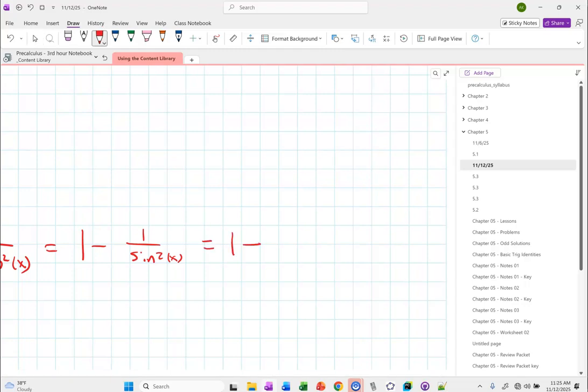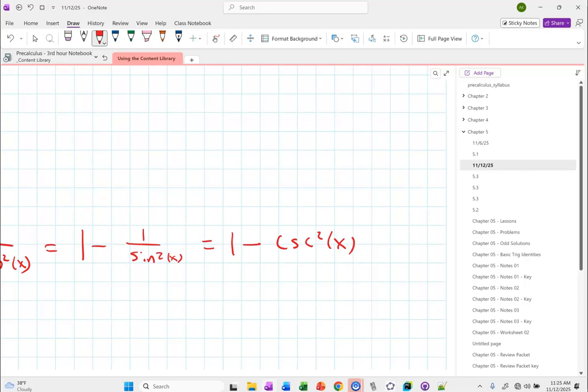If I look at my identity sheet, 1 over sine squared is, I think it's cosecant. And since it's squared, I'm going to have cosecant squared, right? Okay, got rid of the fraction. That's an improvement. What would I do from there? It says it's single thing, no fraction.